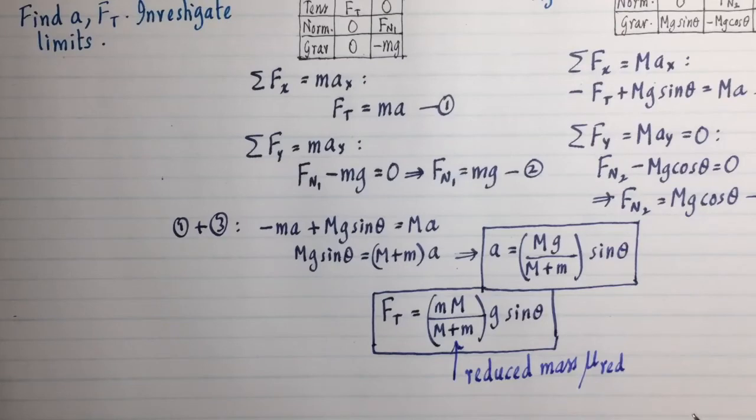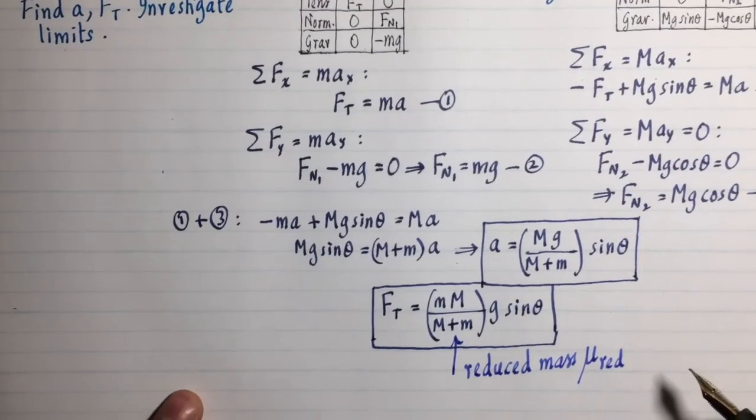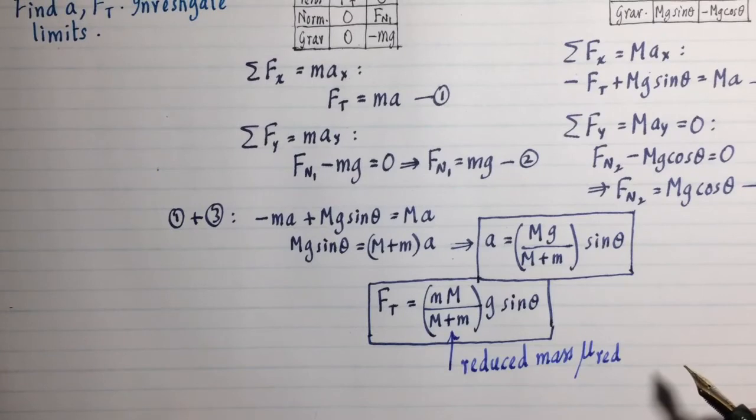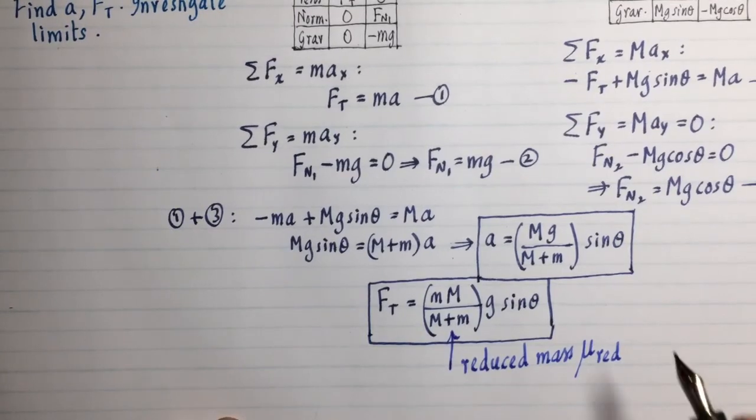That's why I wrote mu red. And mu written by itself can stand for either the static or kinetic friction coefficient. So unfortunately, the symbol mu has been used too many times. Except for COVID, I think. There's no mu variant as far as I know. So anyway, the reduced mass mu red is given by that.